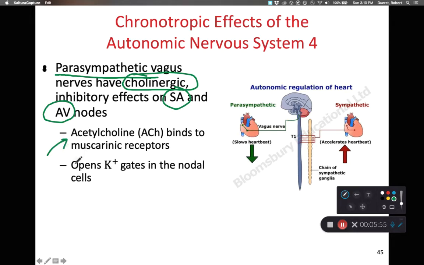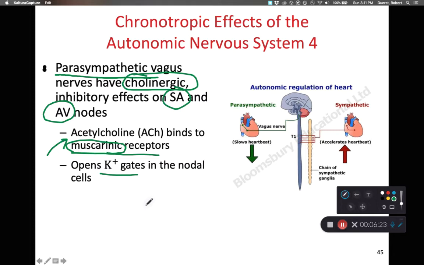And acetylcholine will bind to a specific kind of receptor known as a muscarinic receptor, named after the genus of mushroom that was initially found to release a chemical that bound to those receptors. And once those muscarinic receptors are activated, potassium gates open in those nodal cells, and as potassium gates open, potassium will rush out of the cells and make it so that it's more negative.